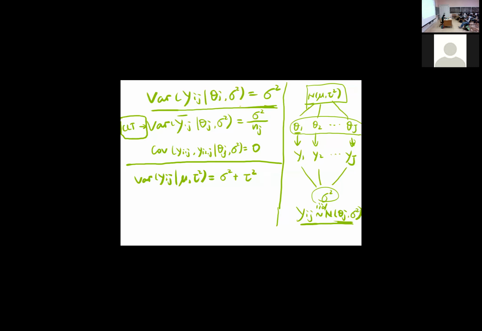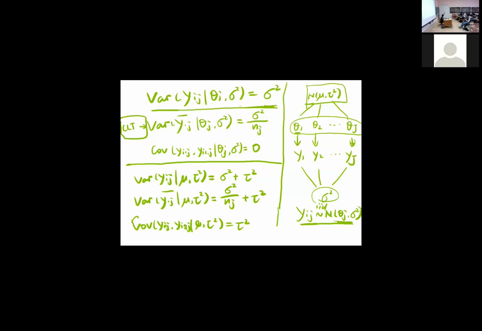The second one, the variance of y bar given mu and tau squared, will be sigma squared over nj plus tau squared. And the last one, the covariance of two observations from the same group, will be tau squared, if you show it correctly.